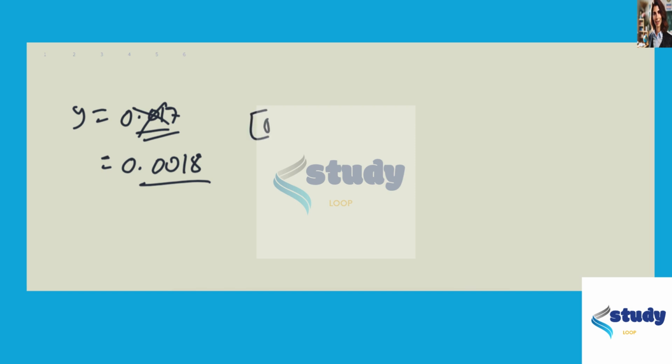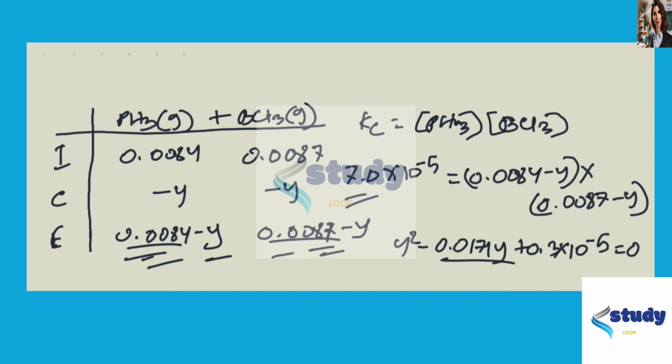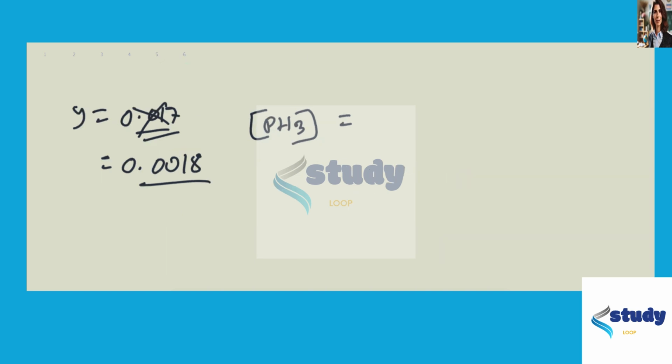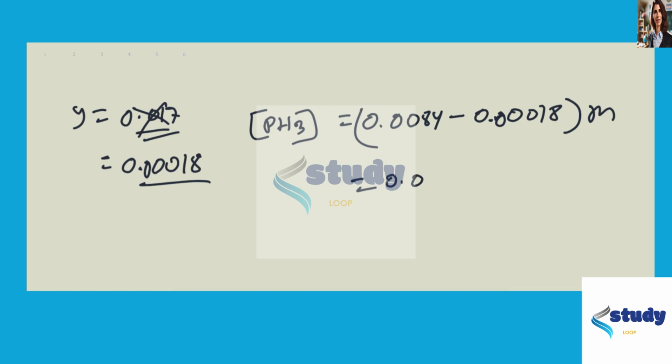So that means the equilibrium concentration of PH3 will be equal to 0.0084 minus y, 0.0084 minus 0.0018 mole per liter, and from here we get 0.0066, and this will give us a value of 0.0082 molar solution.